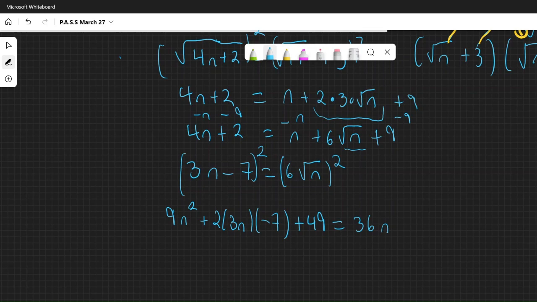Now we're just going to simplify this out again. So we have 9n squared minus 42n plus 49 equals 36n. Then we're going to subtract our 36n.